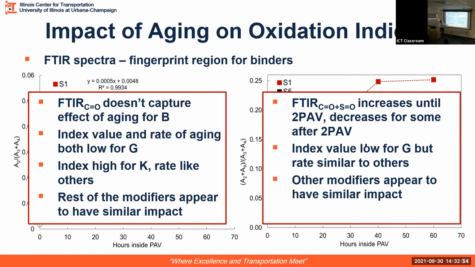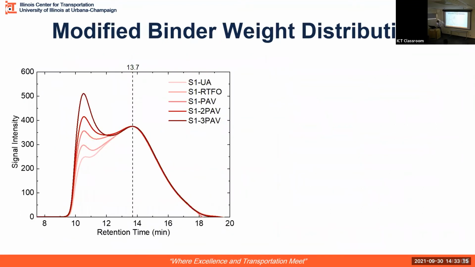The rate was similar in terms of sulfoxide, but in terms of carbonyl, the rate was low. So again, we were not conclusive in terms of chemical characterization. However, if we look at individual modifiers, we see that with aging, the rate increases, which makes sense. But when we put them together, we still have to identify why there are differences.